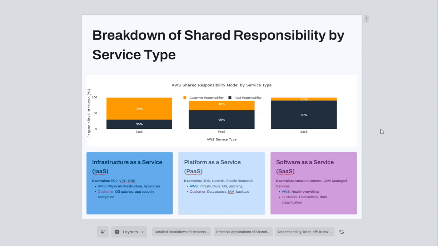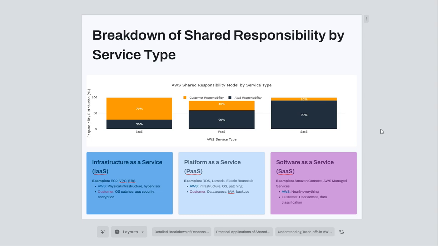Customers' responsibilities are operating system patches, application security, encryption, and all other things, while AWS provides physical infrastructure and power to run your services. A simple example: if you've got a Windows machine, a virtual EC2, patching is your responsibility, and so are application security and data encryption.